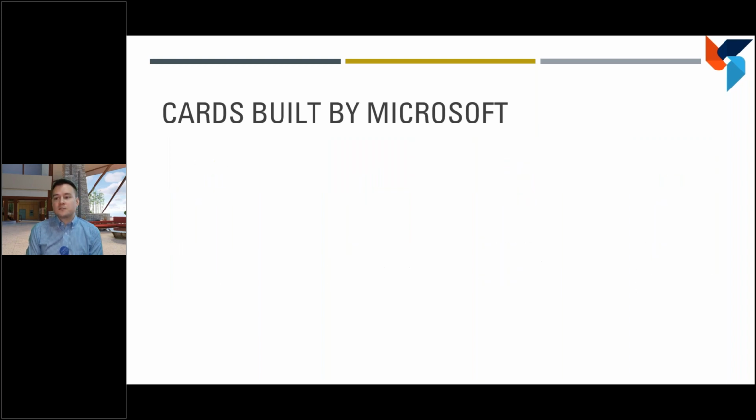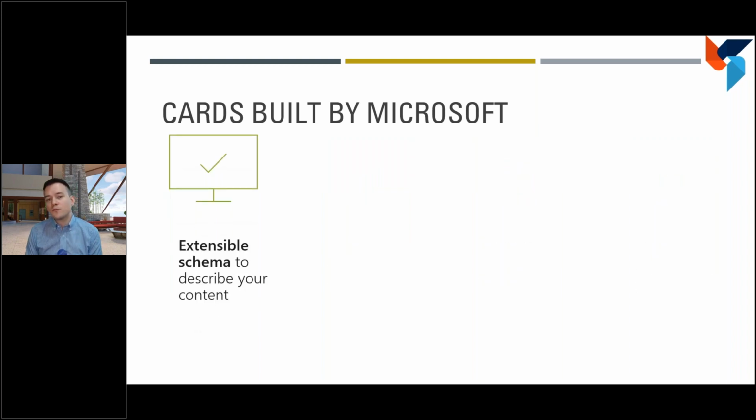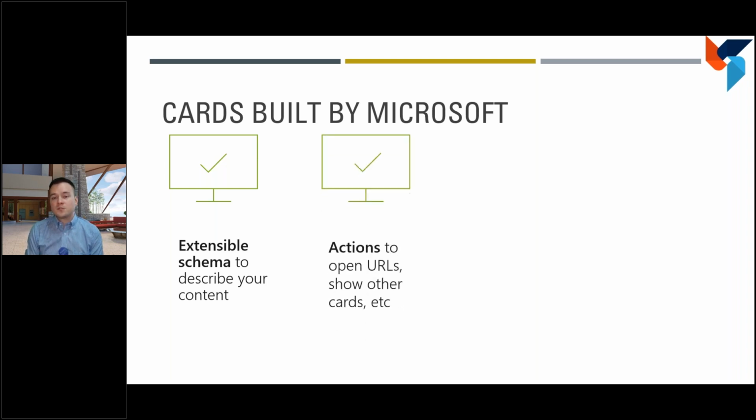On the other hand, it is also a really cool platform for developers because it also has an extensible schema. So if you take the SDK and you want to build your own application, you can actually add to the schema things that are not in the official scope, but you'd like to have them work. Also, adaptive cards are not only used for displaying content, but as well for interaction.